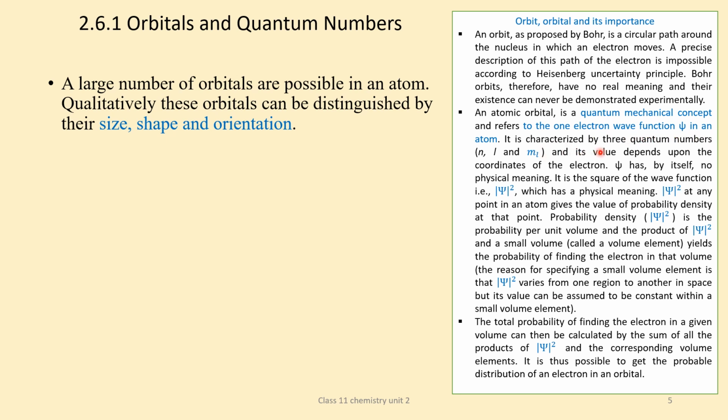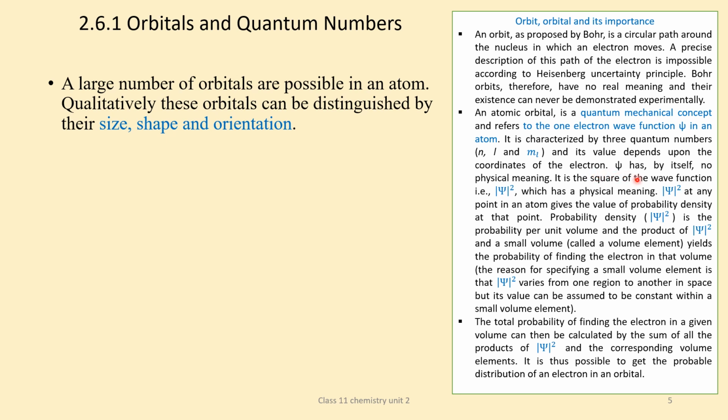It is characterized by three quantum numbers, which we are going to study in subsequent slides. These quantum numbers are represented by the symbols n, l, and m subscript l, and its value depends on the coordinates of the electron.